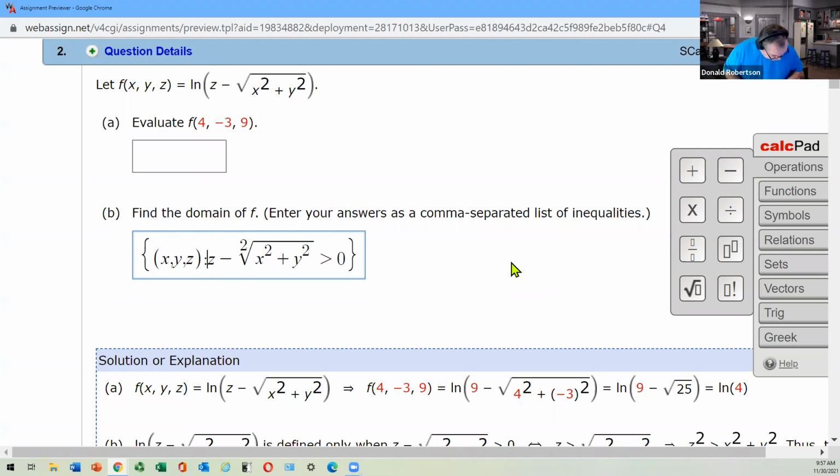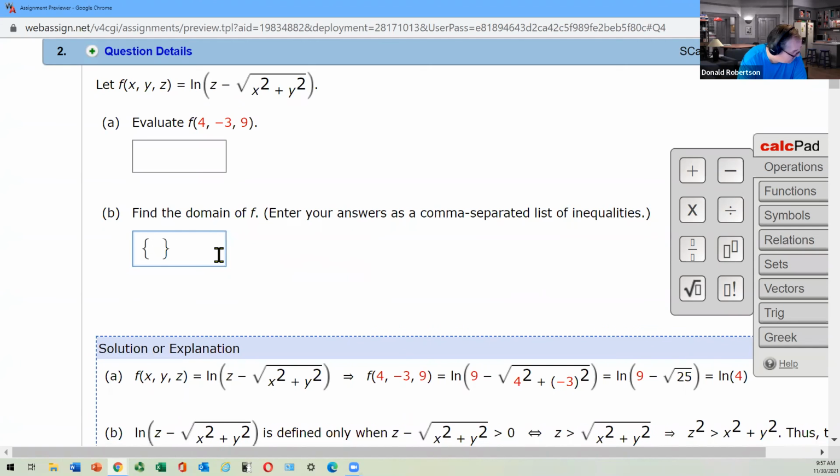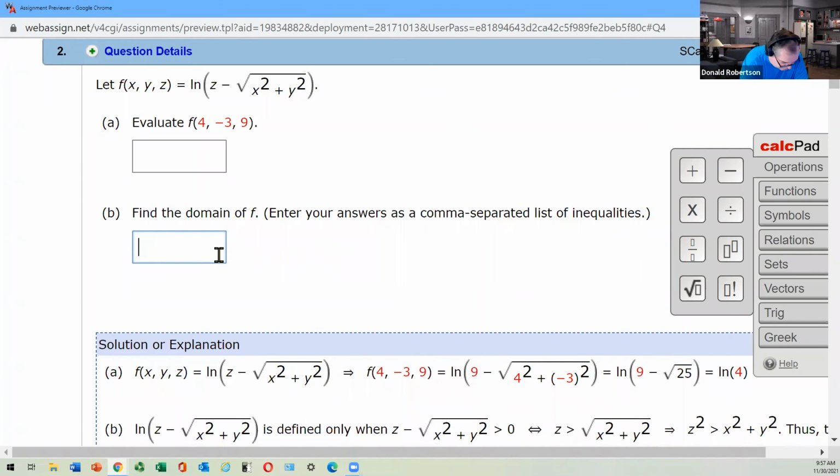The only 2 notations that I know are those. Now it says as a comma separated list of inequalities. Thinking about it, they may just want you to write down nothing except the condition.